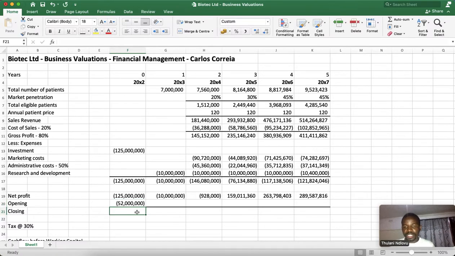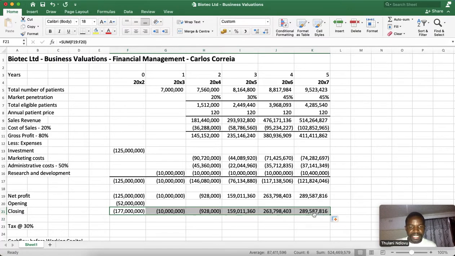So we have to include it as opening. Then if we add the net profit, we get the closing. Then we can copy the formula up to the end.